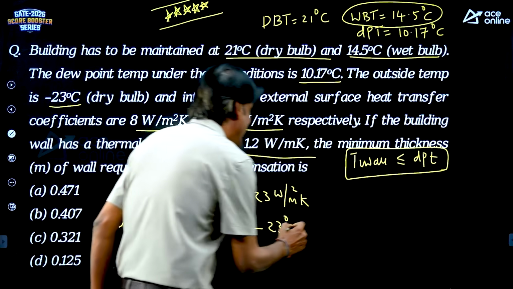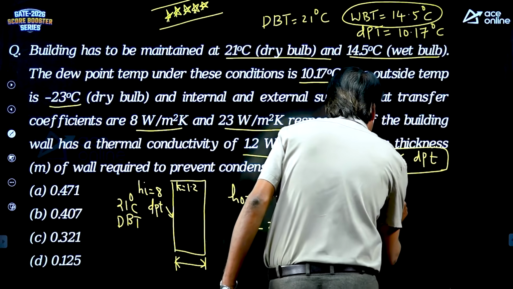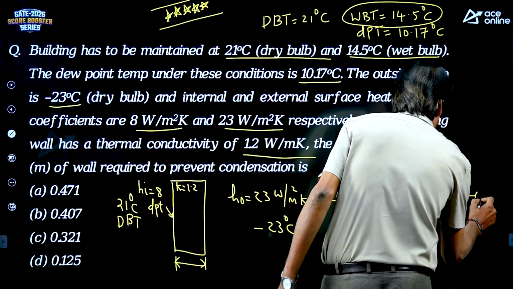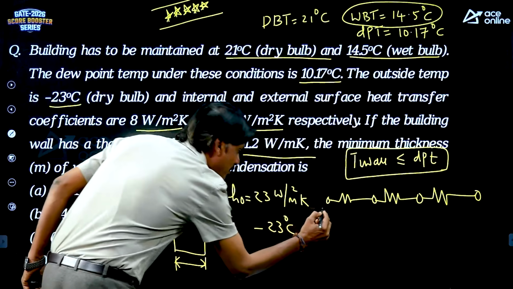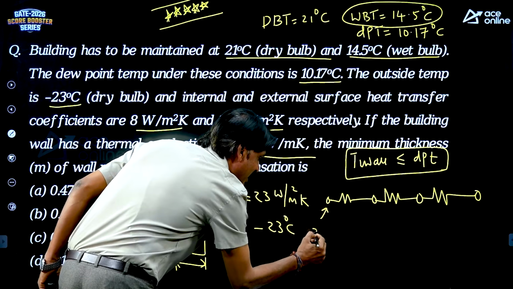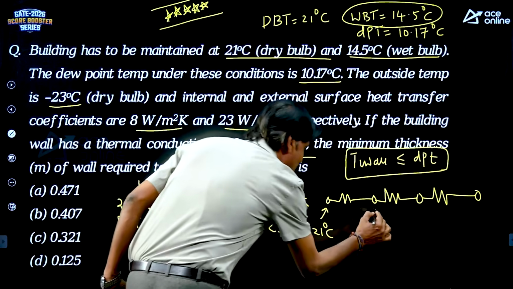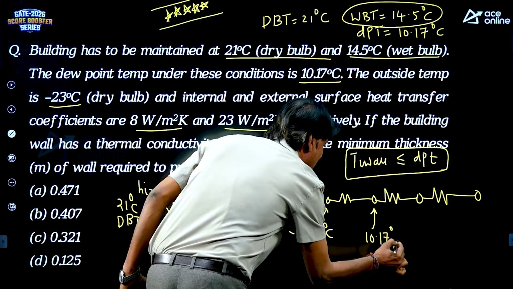Hence, this is a 3-resistor system: convective, conductive, as well as convective resistance. So, this value, if you are writing it, is 21, and this value of temperature here is dew point, 10.17.